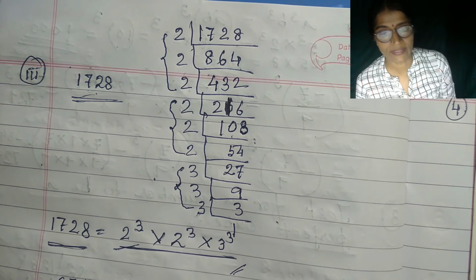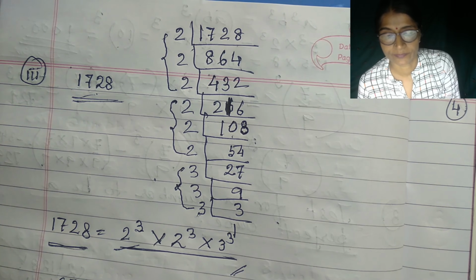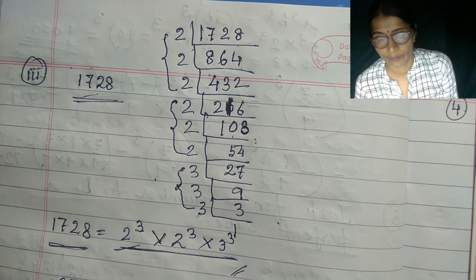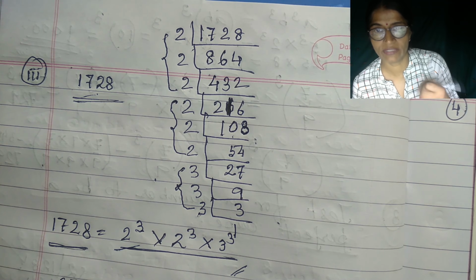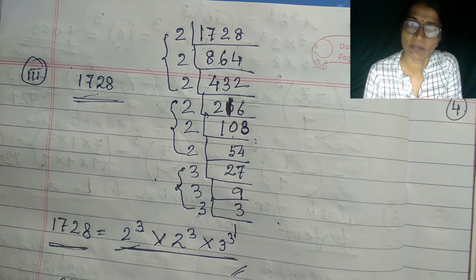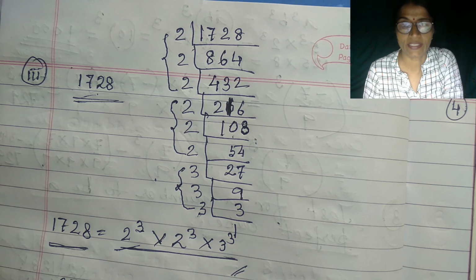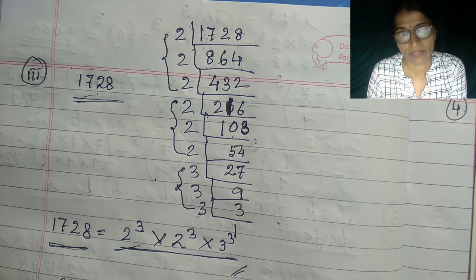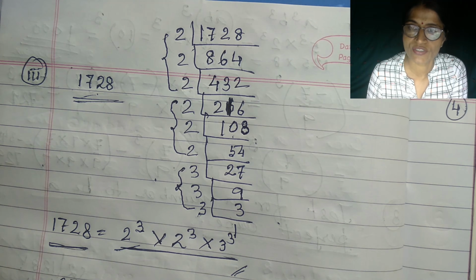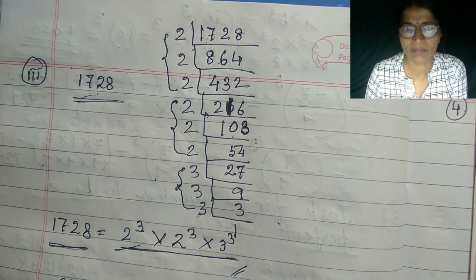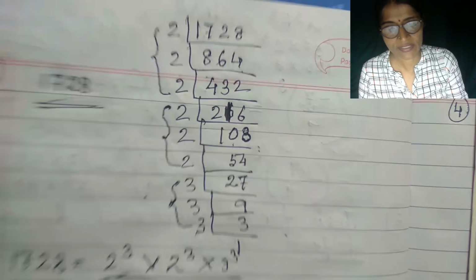Next are sums related to this: suppose a number is given to you that is not a perfect cube, or you are asked to find out whether it is a perfect cube, and if not, by which number you will multiply or divide so that it becomes a perfect cube. For example, I'm giving you a very simple example.